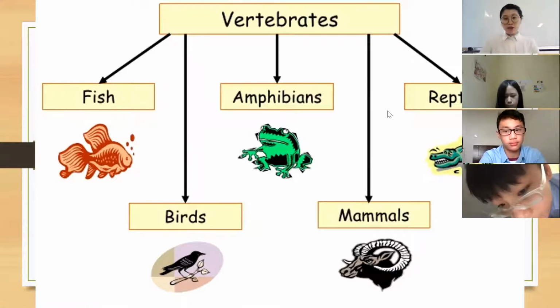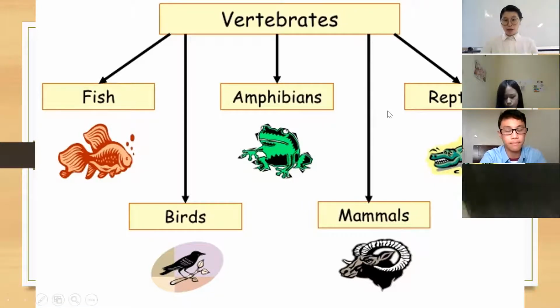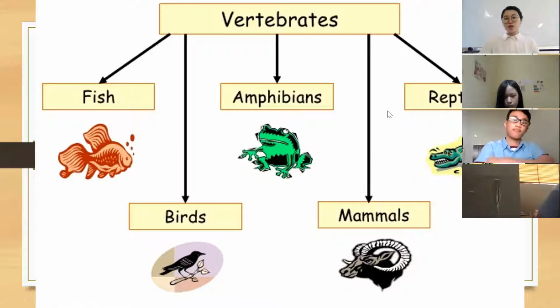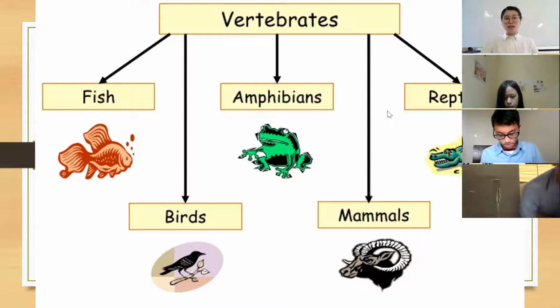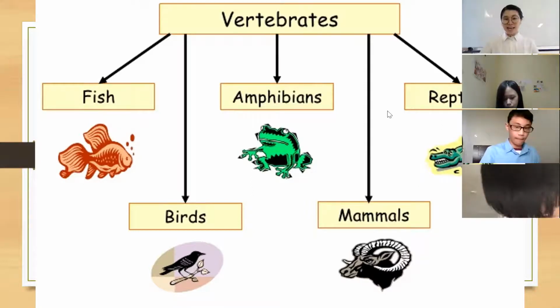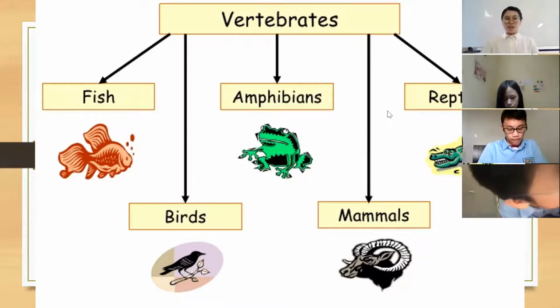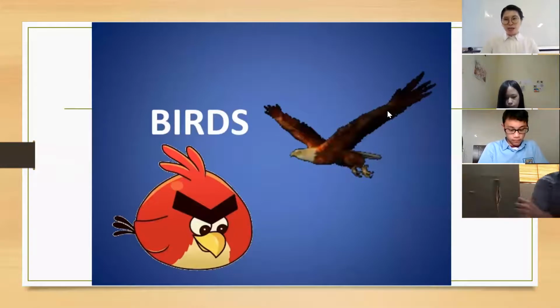Please be familiar with that vocabulary, so take note so that you will have a copy and can study it. Along with our lesson, we are going to discuss each characteristic of this class. Let's start with the birds.